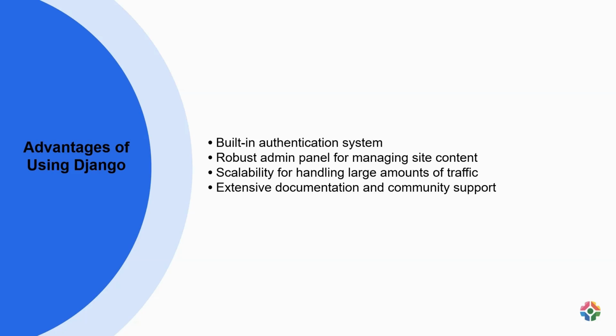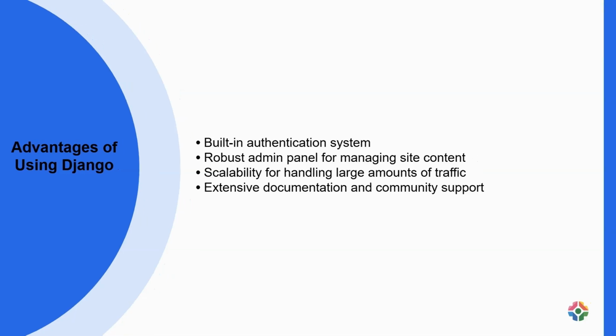Training on ensuring scalability to handle high volumes of traffic by optimizing server resources, implementing caching mechanisms, and utilizing content delivery networks. 4. Utilizing extensive documentation and community support resources to troubleshoot issues, learn best practices, and stay updated on the latest features or updates. By mastering these pillars of web development, trainees will be equipped to create secure, efficient, and user-friendly websites that can effectively handle varying levels of traffic and content management requirements.